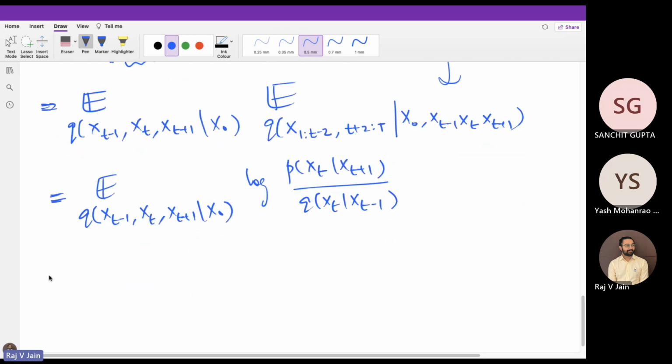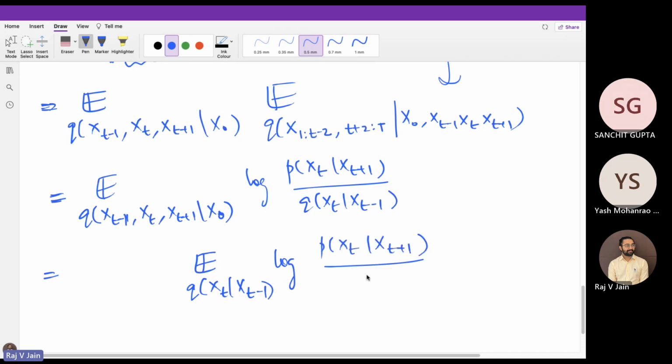Now we'll do some more math jugglery. What we will write this as now is xt given xt minus 1, okay? So we'll now write this as q of xt given xt minus 1, log p of xt plus 1 divided by q of xt minus 1, right?